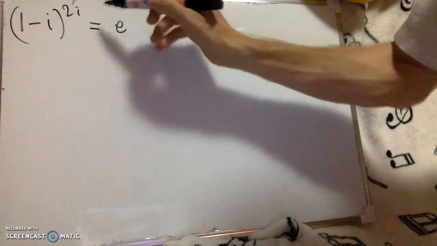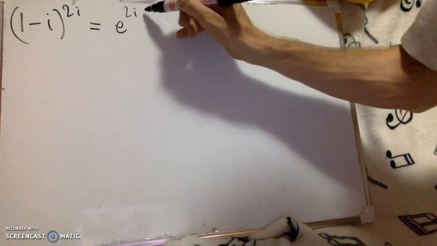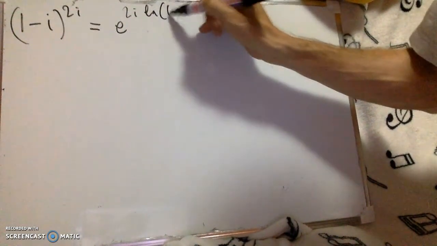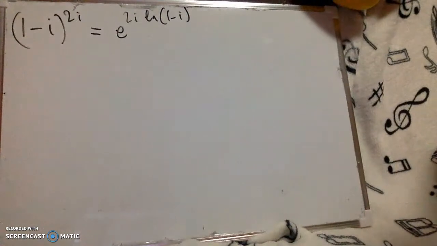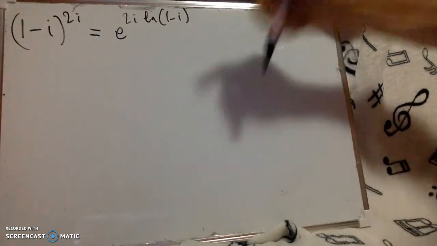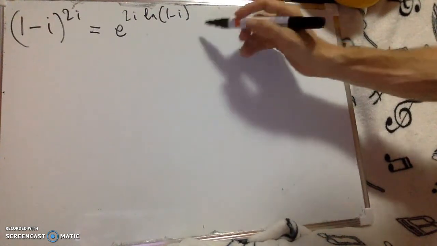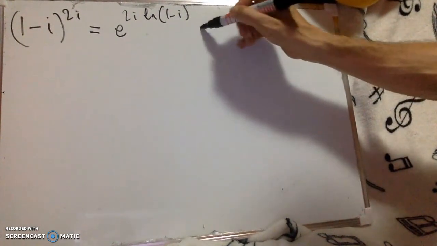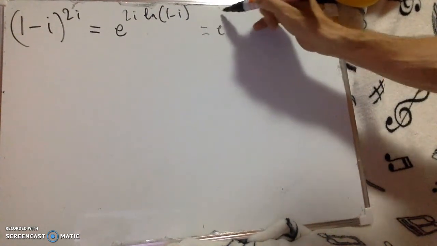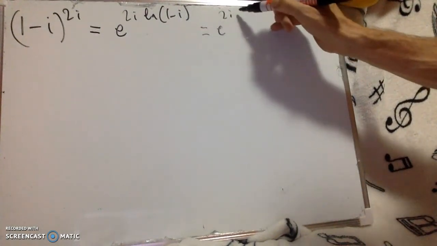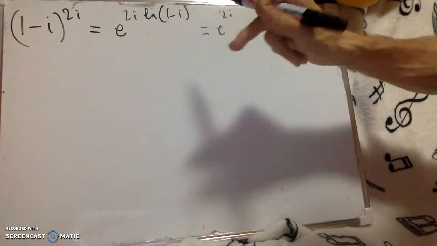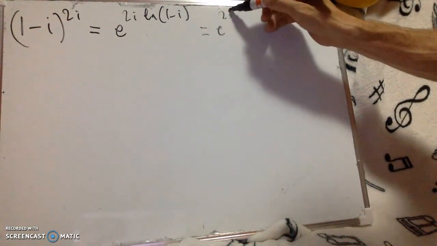So the log of this is 2i log 1 minus i. So we've got e to the 2i log 1 minus i, seems familiar.